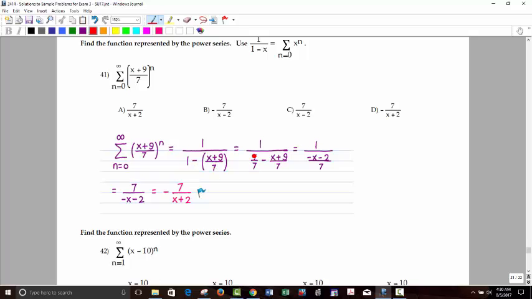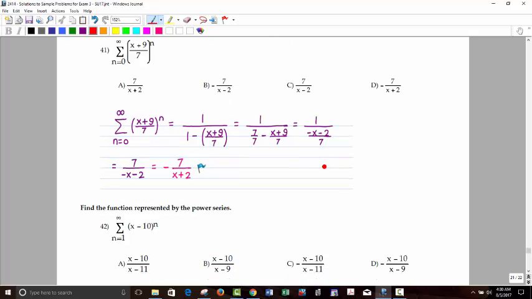And just get a common denominator, 7 over 7. And then that gives me negative x minus 2 over 7. That flips over to 7 over negative x minus 2, which is the same thing as pulling the negative out and leaving x plus 2. So same thing, and therefore it would be answer D.